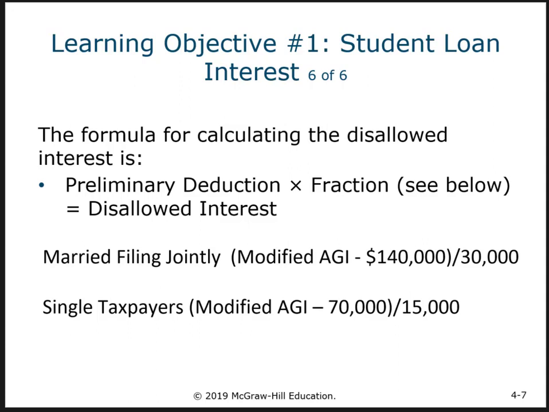If you're halfway at 155, then half of your interest would be disallowed. It would not count as a deduction for AGI, and the rest of it would be deducted. So you've got the limit of 2,500, and then you've got the issue of phase out based on income.